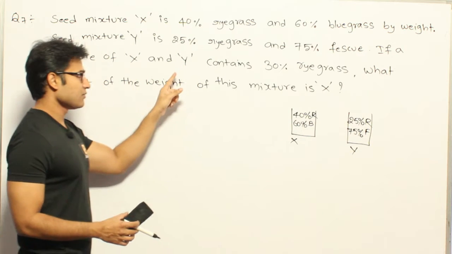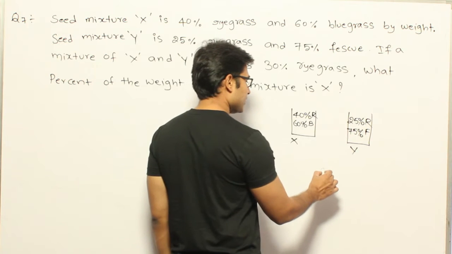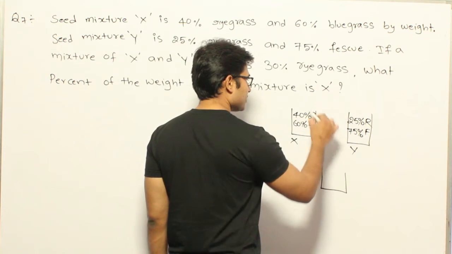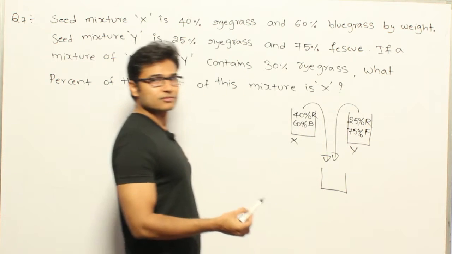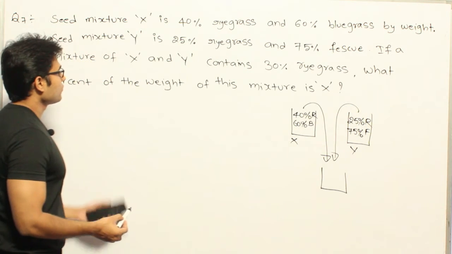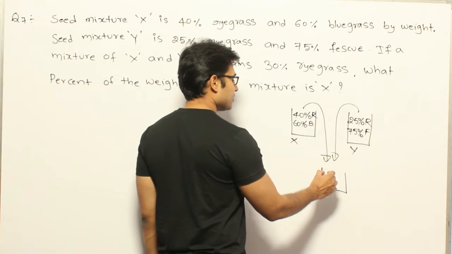Now the mixture of X and Y contains 30% ryegrass seeds, which means we are going to take some part from this and some part from this, and the final mixture is going to contain 30% ryegrass.